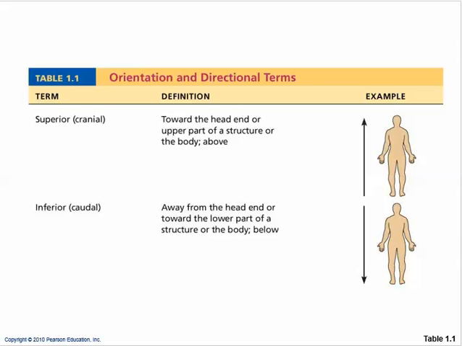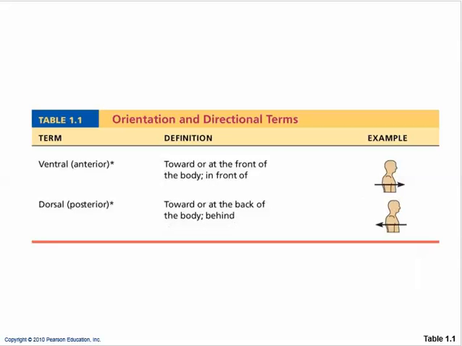Now, interestingly enough, we don't use these terms when we're referring to the limbs. So really, inferior means moving towards your bum on your trunk. Moving towards the front of the body is moving ventrally or anterior.